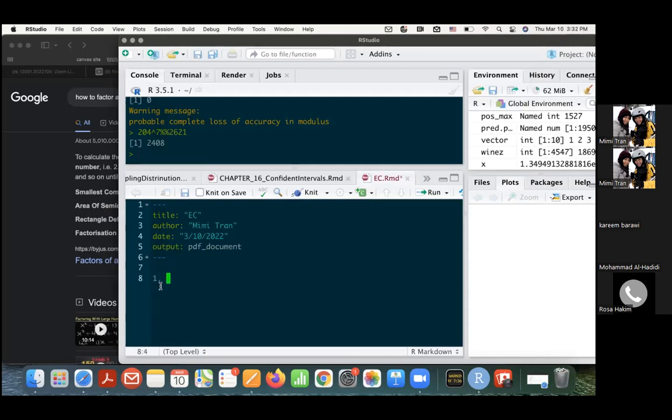So number one, example mean. You don't have to type. Sometimes you can just copy and paste. Data, right? And you don't want to do it by hand.